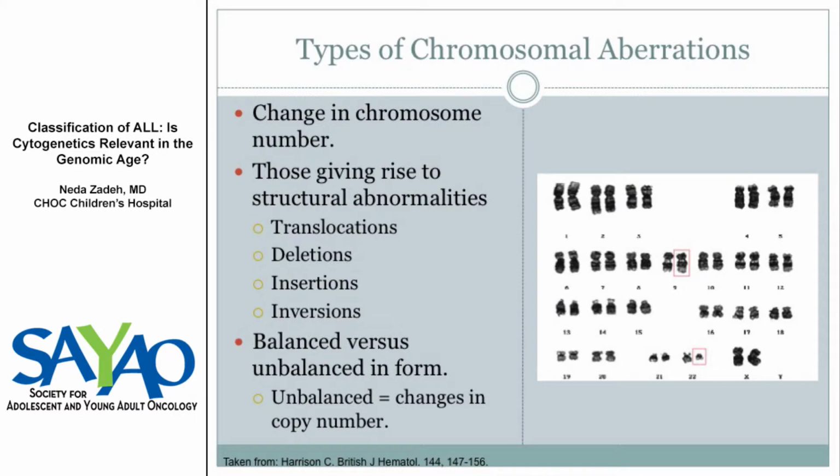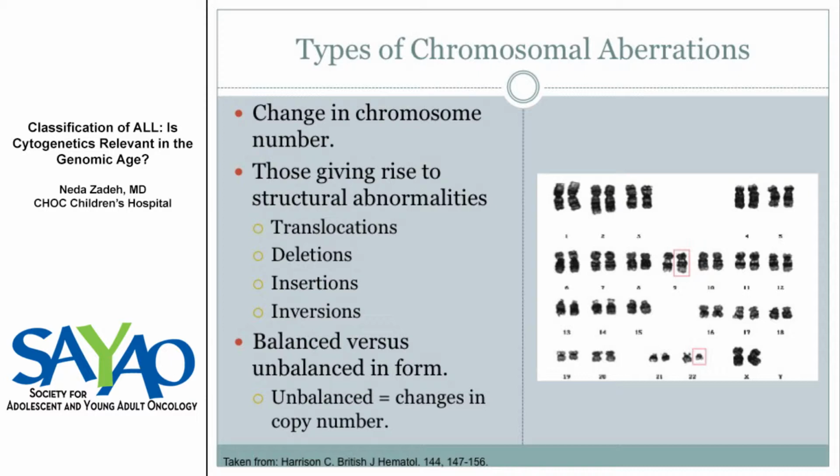So let's talk a little bit about chromosome aberrations. These are essentially changes in chromosome number and structural abnormalities that include translocations, deletions, insertions, and inversions, which can be balanced, meaning there's no change in DNA copy number, or unbalanced, which indicates that there is a copy number change.